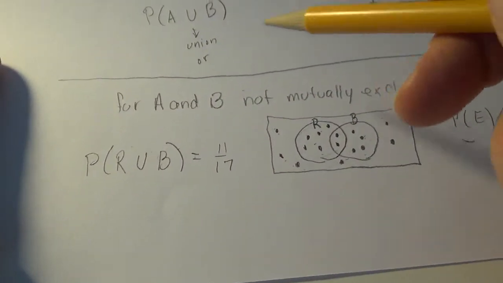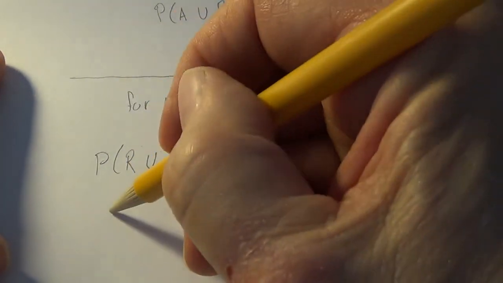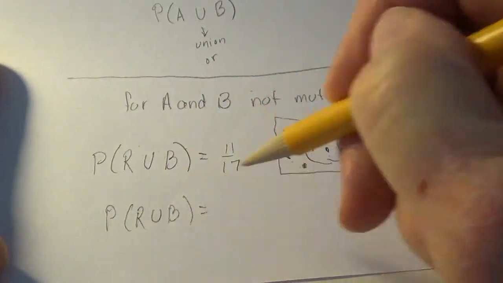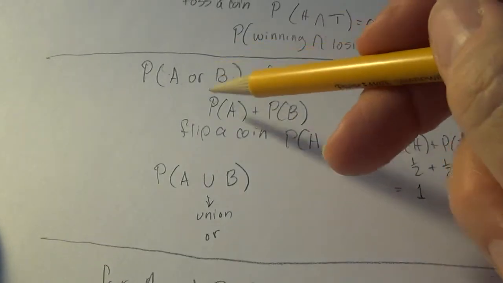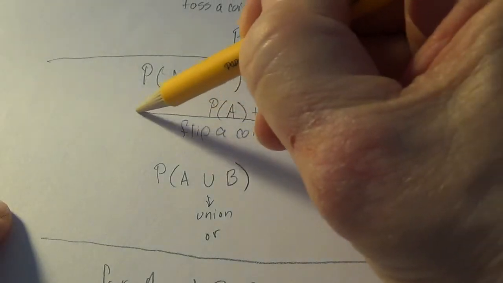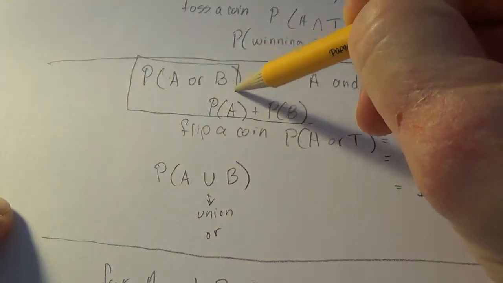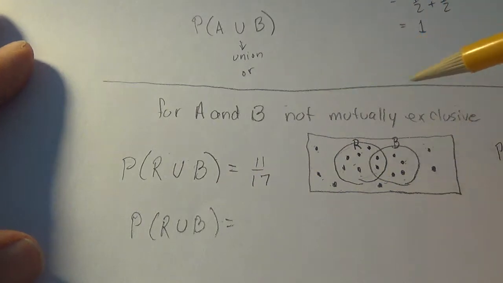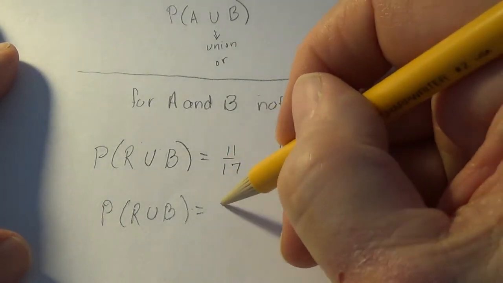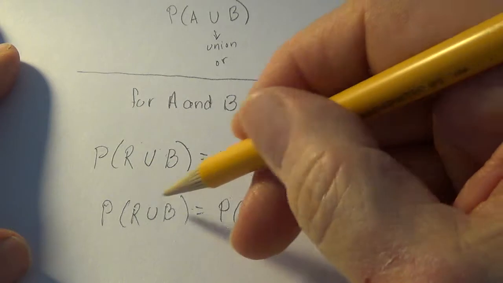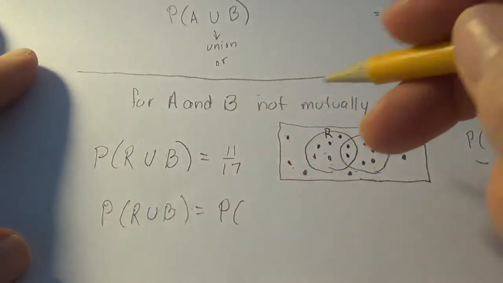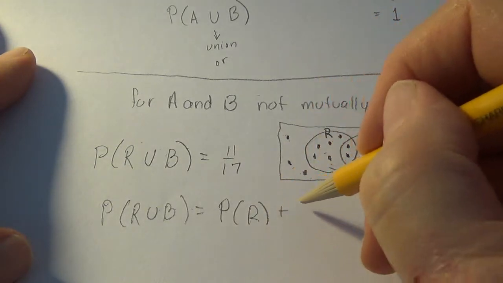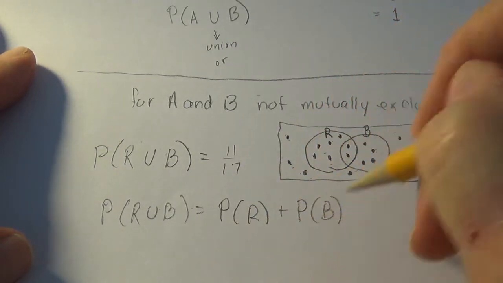So let's examine how that would work and check if the probability of red or boys would work like it did up here with mutually exclusive events. So here's mutually exclusive. Down here, they are non-mutually exclusive. So we are going to test and see, is that the same? Is the probability of red or boys for non-mutually exclusive events the same as the probability of redhead plus the probability of boys?